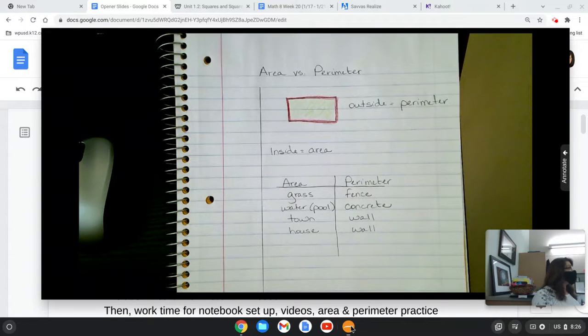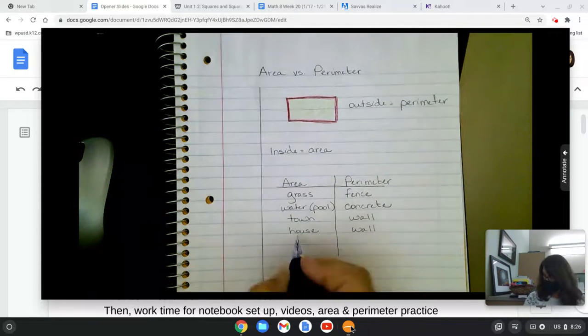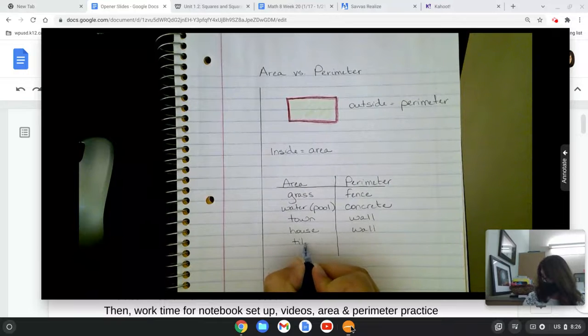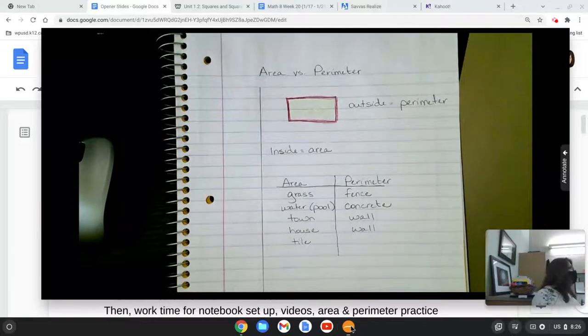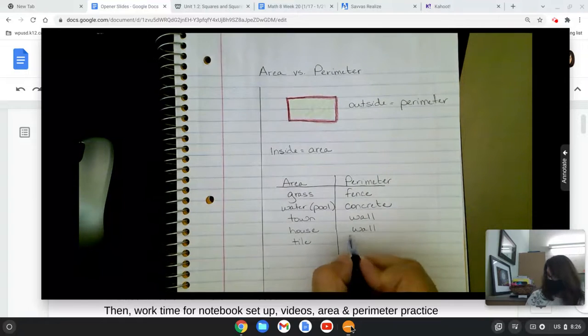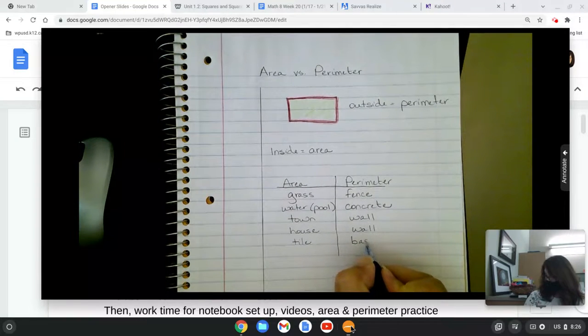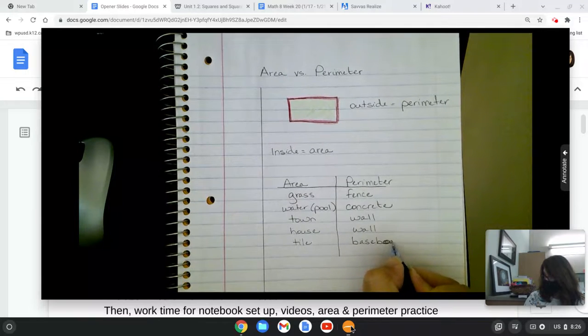Can anybody think of an area and perimeter in that room that we're in constantly? So the area would be tile. And the perimeter would be wall. Okay, what do we call that part that goes at the bottom of the wall? Anybody know what that thing is called? Baseboards. Okay, mine need to be painted. Oops, board, I can spell.